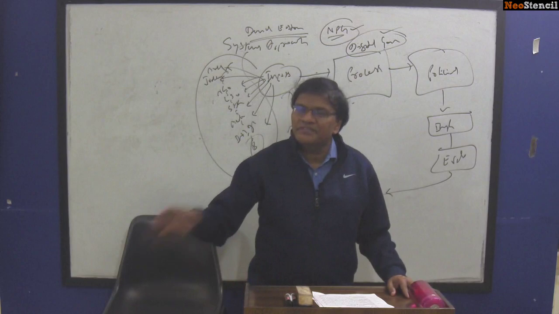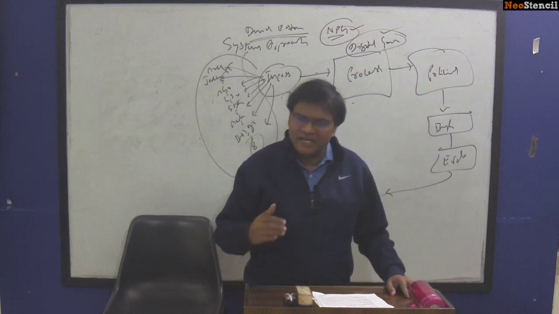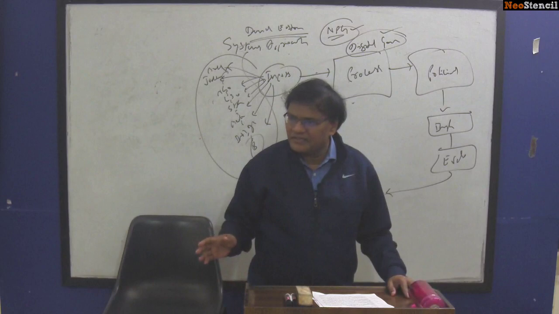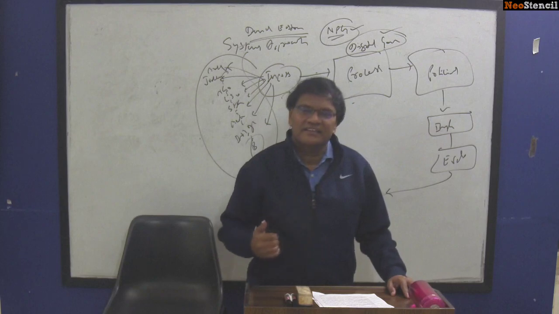The Congress party promised 72,000 rupees per person. Is it enough? With those 72,000 rupees per annum, per person, can he go to foreign countries for holidays just like Rahul Gandhi has done? They don't.